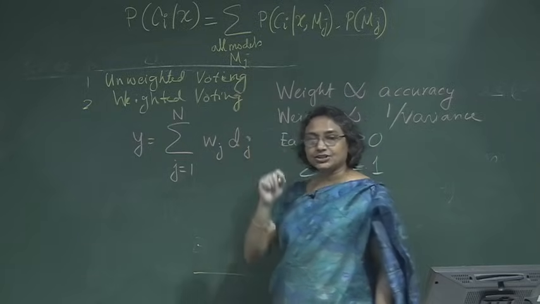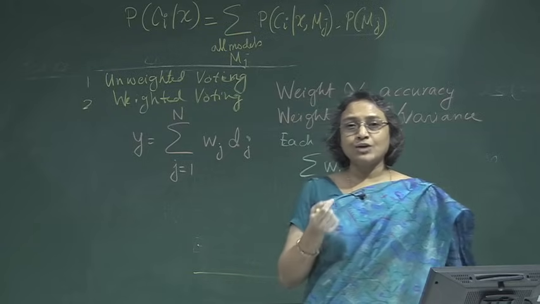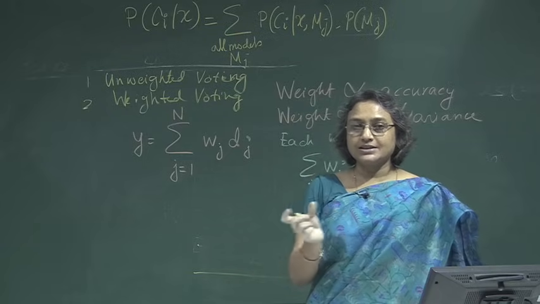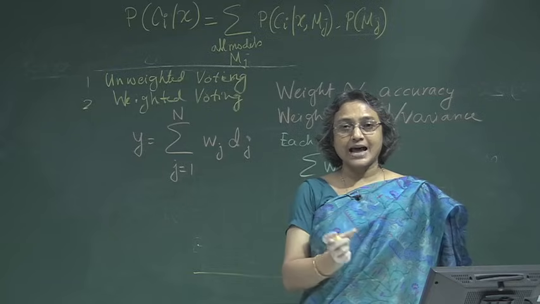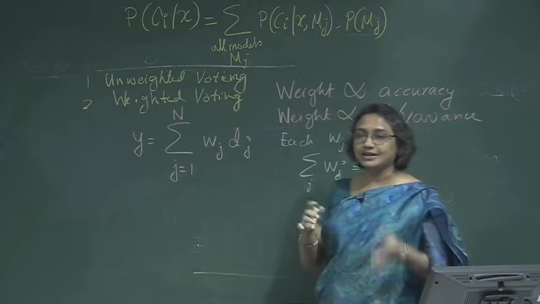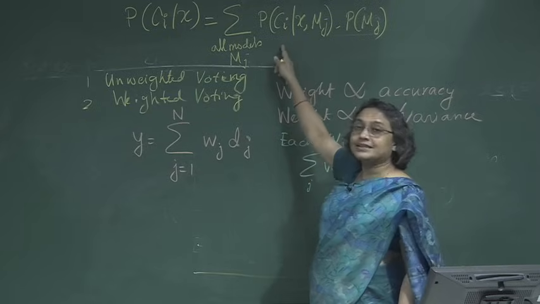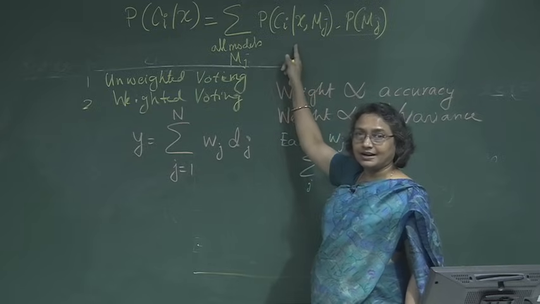For example, in decision tree, we can modify the algorithm to output a probability which is the fraction of examples at a particular leaf node. But many other algorithms in the conventional form output a class and not a probability.